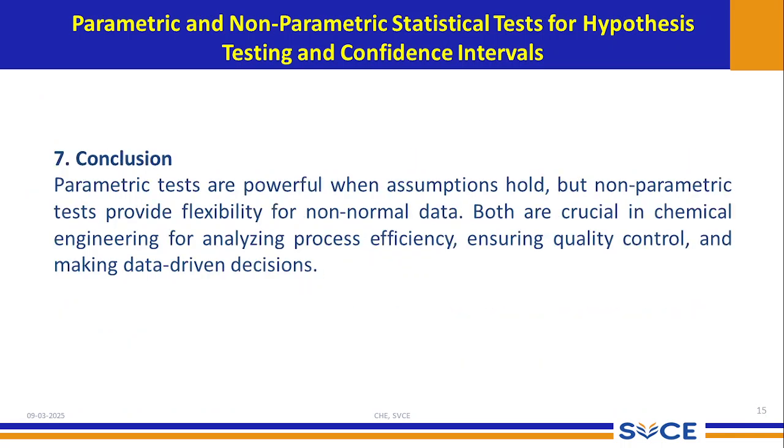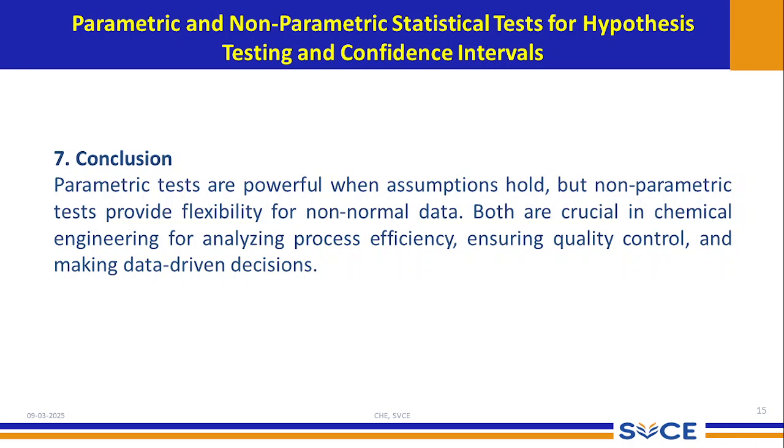And coming to the conclusion of today's lecture, parametric tests are powerful when assumptions hold, but non-parametric tests provide flexibility for non-normal data. Both are crucial in chemical engineering for analyzing process efficiency, ensuring quality control and making data-driven decisions. So, what are we doing all this for? In a nutshell, we need to collect an enormous amount of data, and we correct it by removing noise.